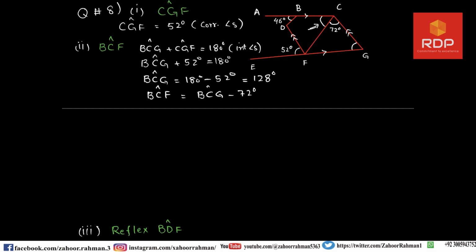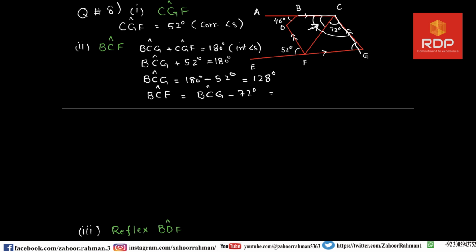BCF is this angle, ladies and gentlemen, and that is equal to BCG, this angle, and if we subtract 72 from it, which is this angle, then we will only be left with this one, and that is our ultimate goal.